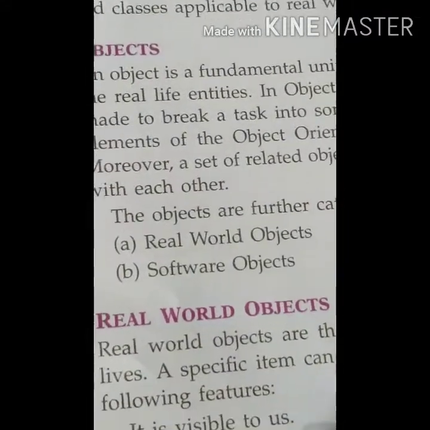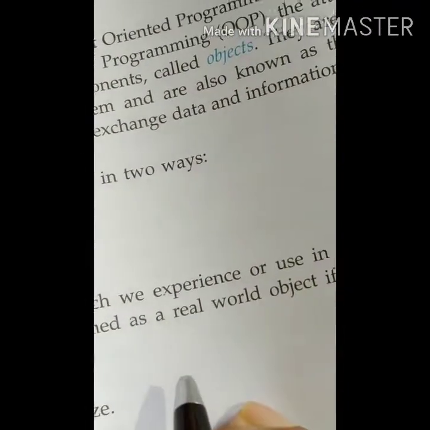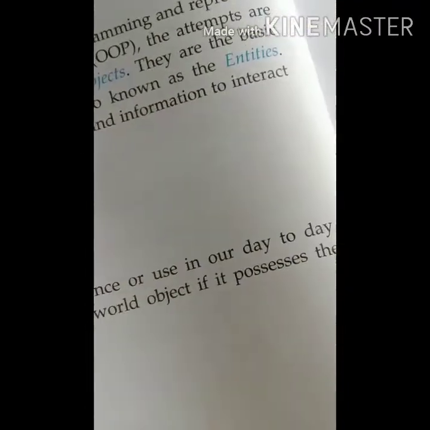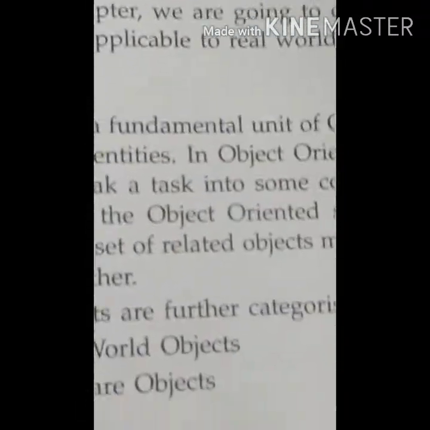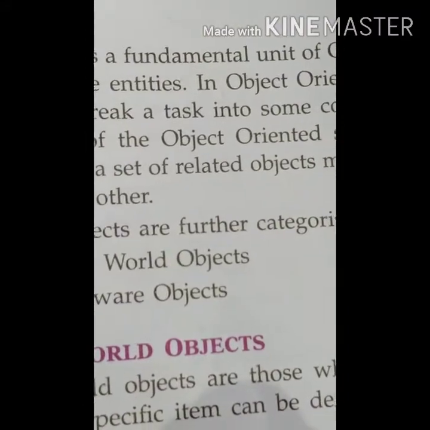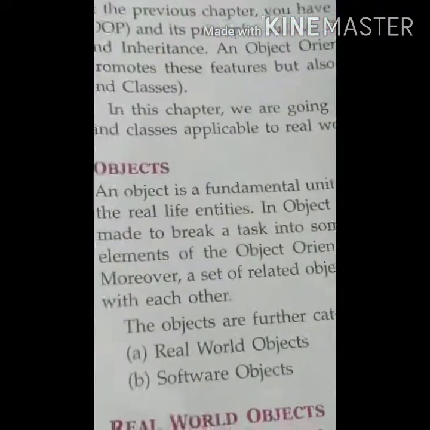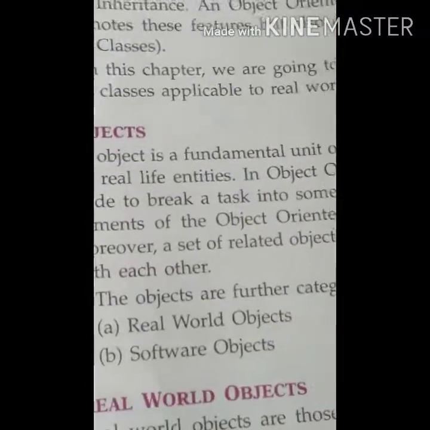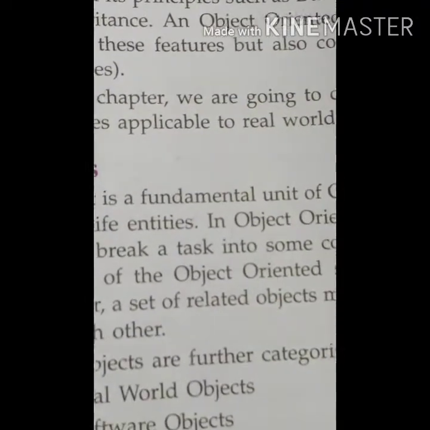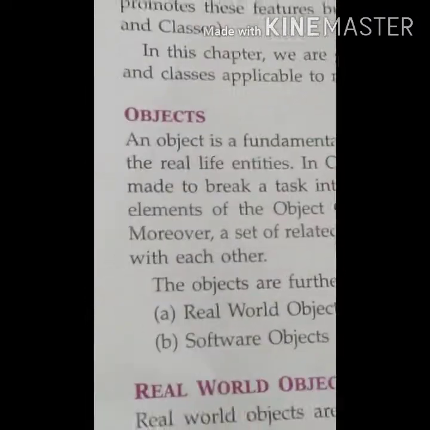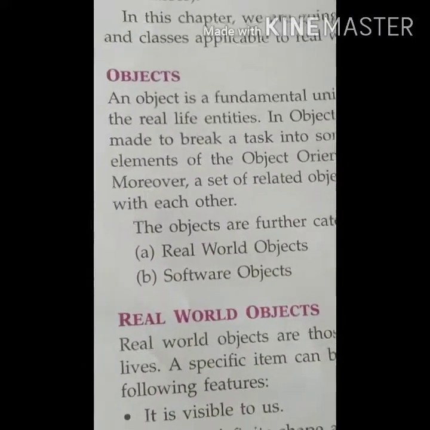Real world objects are those which are experienced or used in our day-to-day life, like we know ATM machine, mobile phone, these are the real world entities. We have daily use of these devices and it solves our problems. So we can say these are real world entities.